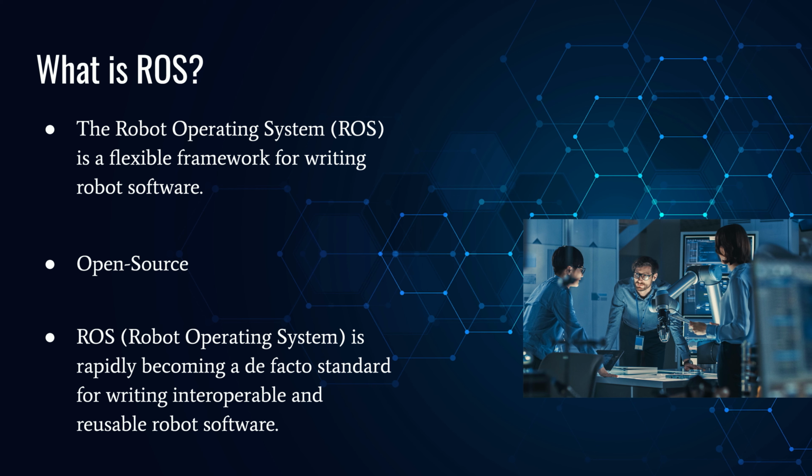So ROS is a framework, and it is not an operating system like, for example, Windows 10 or Linux, but it works similar to an OS because it provides a way for us to communicate with the hardware.